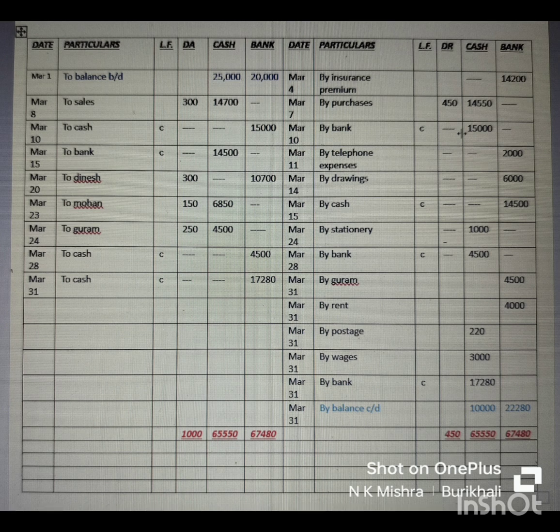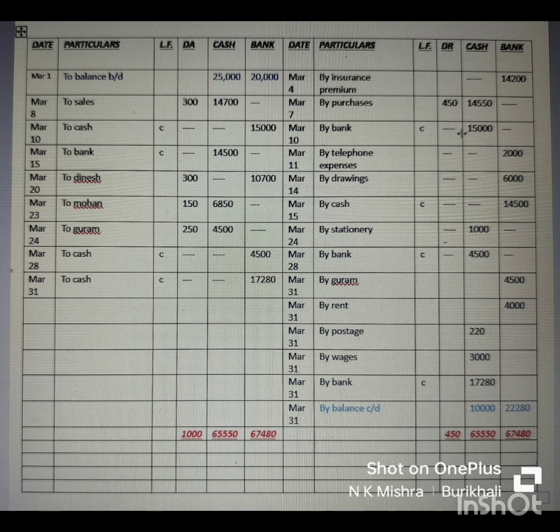So after doing these entries, when you do the balancing with a pencil or in rough, you will get the cash balance c/d of 27,280. But they have asked you to keep only 10,000 in cash form and deposit the rest in the bank. So before doing the real balancing, I will do one more contra entry.